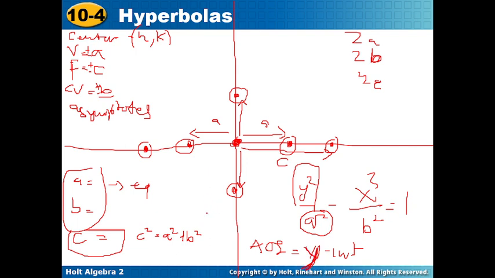So therefore your vertex, which is a, correct, will be based on your center, because in your center you have h and k, and we know that your h is your x-intercept and k is your y-intercept, correct?